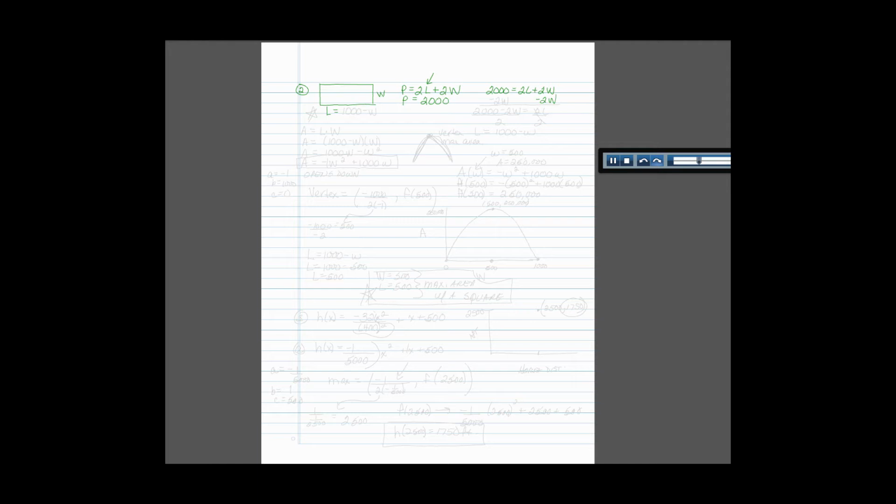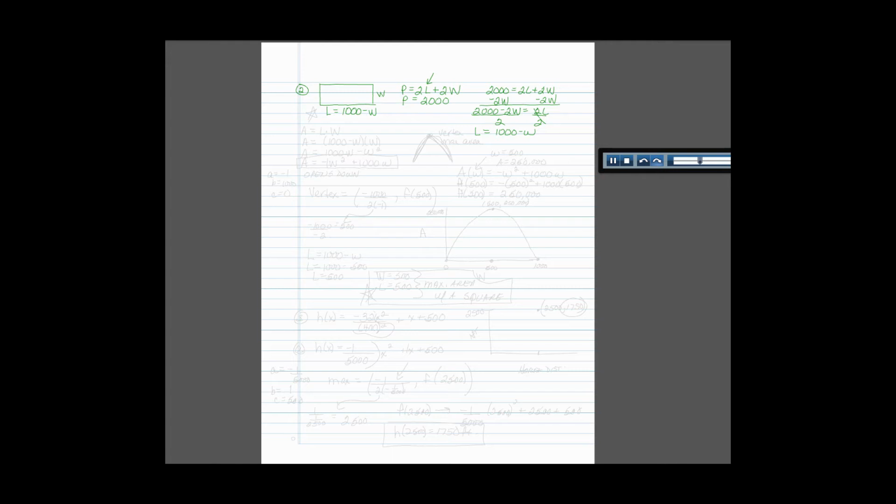I'm going to subtract 2W, and I get 2,000 minus 2W equals 2L. Divide both sides by 2, and I get L equals 1,000 minus W. So this is 1,000 minus W, and I now have my dimensions.